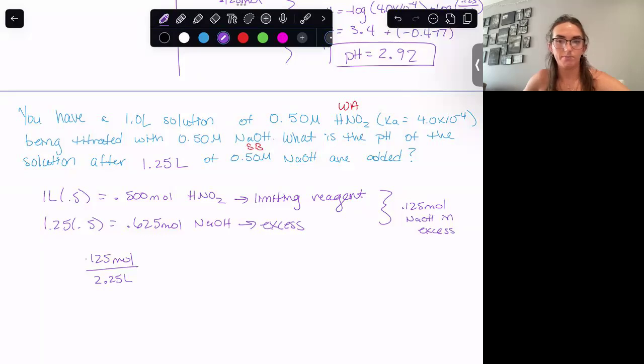And where did that come from? Where did the 2.25 liters come from? Perfect, right? We added our total volumes.